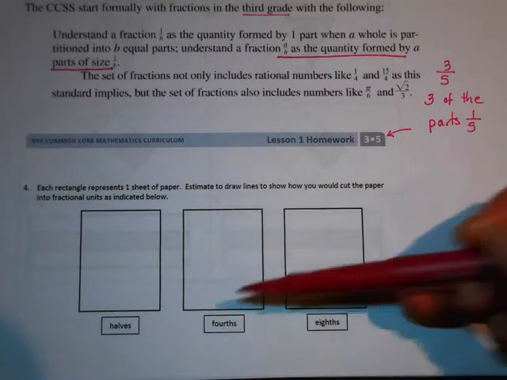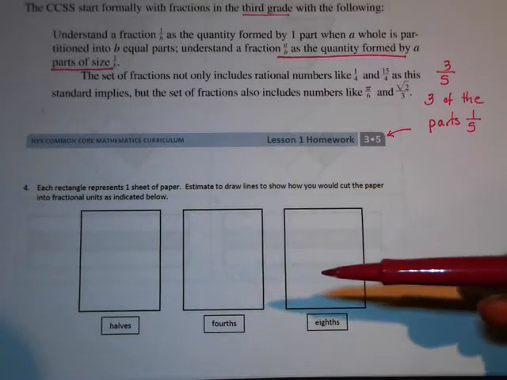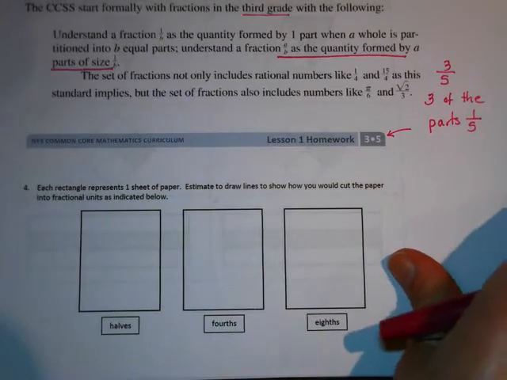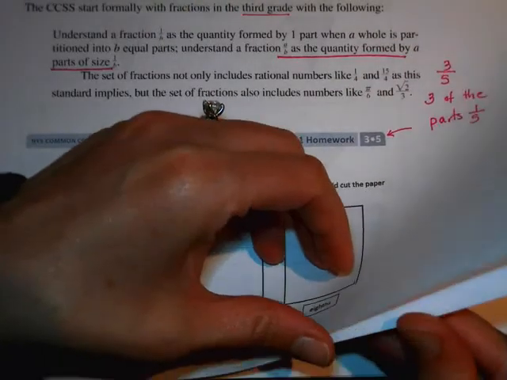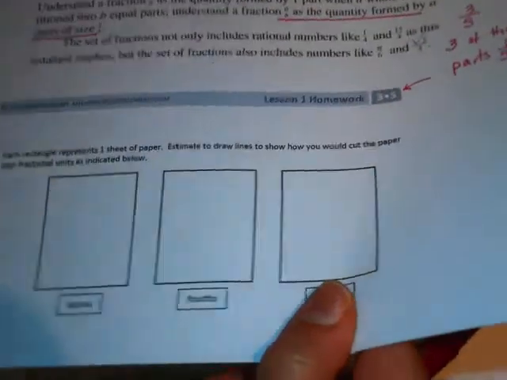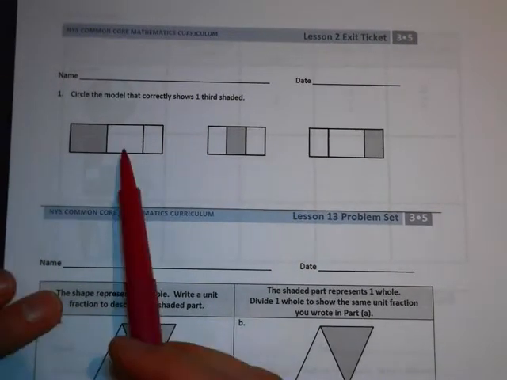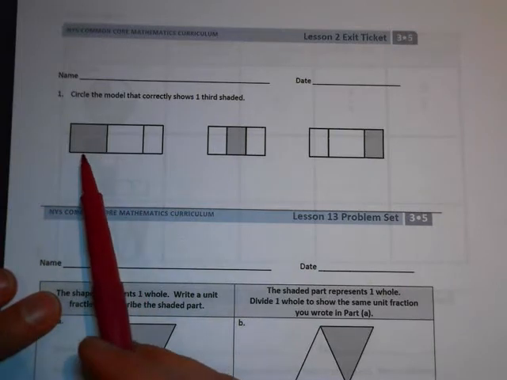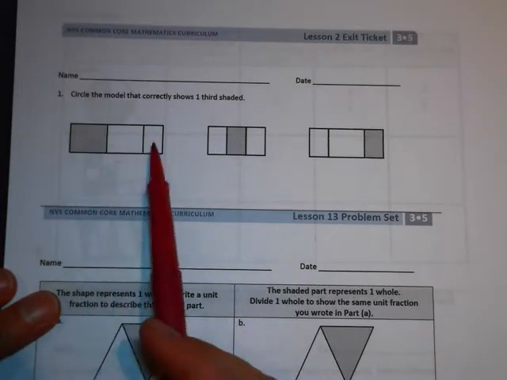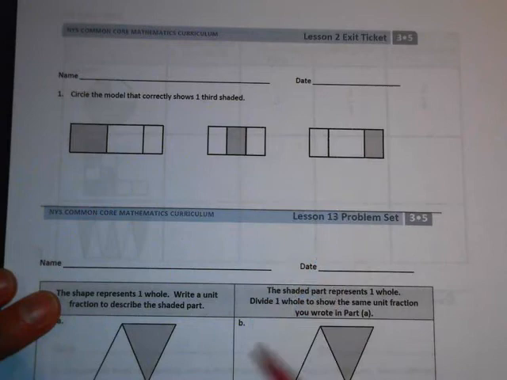So that's the very beginning of fractions in 3rd grade. And then I just think it's interesting. A lot of elementary school kids will say, oh, you divided a shape into 3 parts and you want to shade one of them. But the key thing is that they all have to be equal parts. So that's an interesting little lesson.